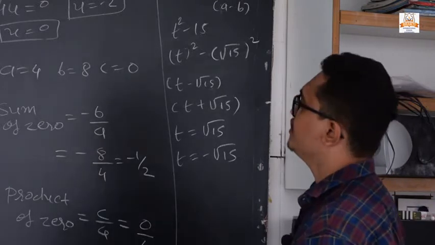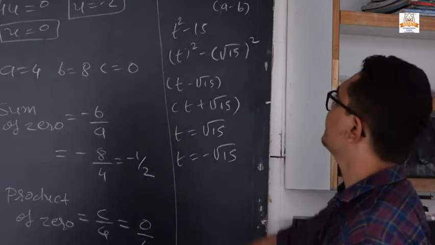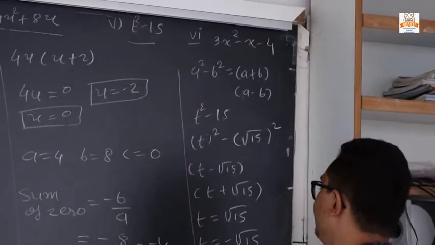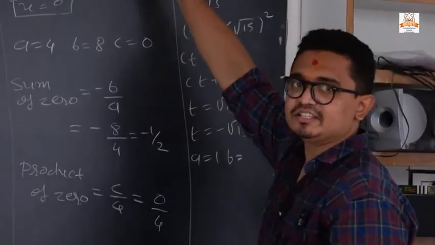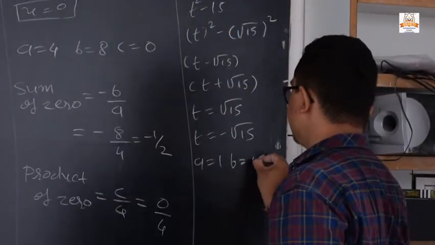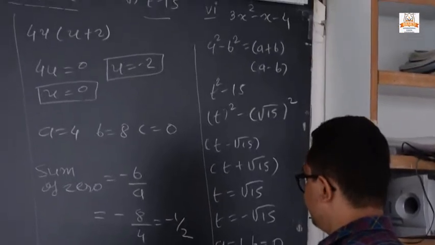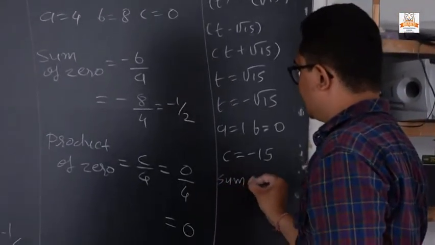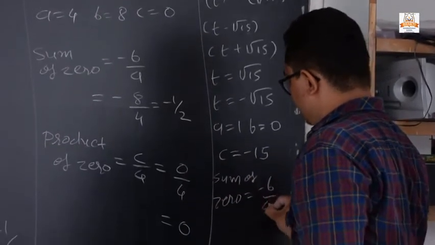Next, we want to find the sum of zeros and product of zeros. For that, we can compare with our standard. So a is equal to 1, b: the middle term is missing, so we can consider b as 0. And what is the value of c? Minus 15. Now sum of zeros is equal to minus b by a.